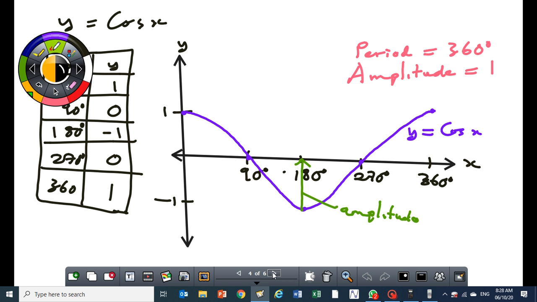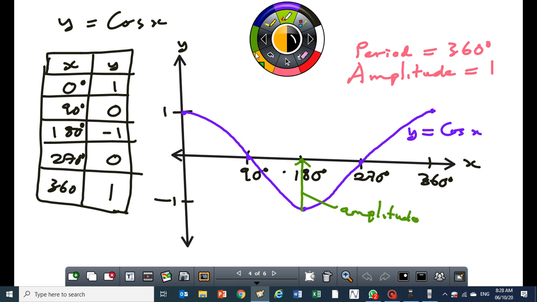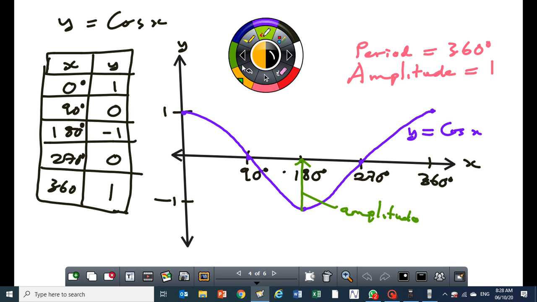So this is the graph of y equals cos x. To get this graph, all we did was shift the graph of sine by 90 degrees to the left. What that means in mathematical terms is like this. Let me write it on the board. You have cos x. It is the same as sine of (90 degrees minus x).